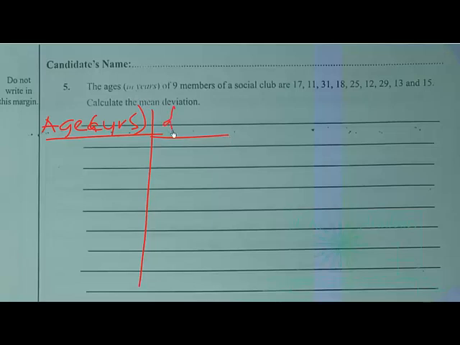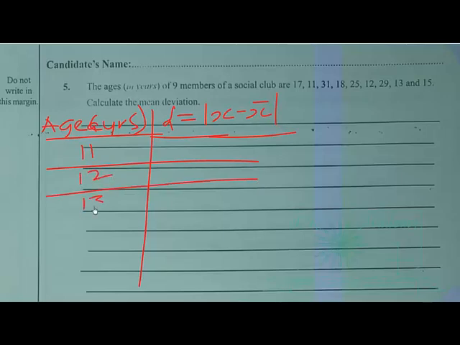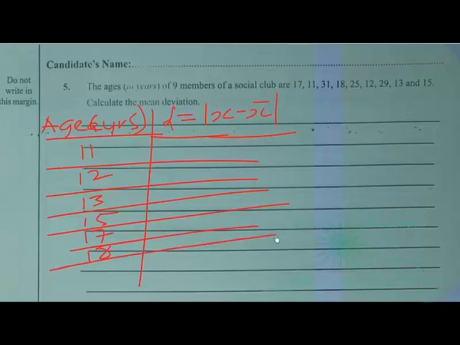So D is equal to the absolute value of x minus mean. So we have 11, 12, 13. I'm arranging the values in order. Then we have 15, then 17, then 18, we also have 25, 29, then we have 31.